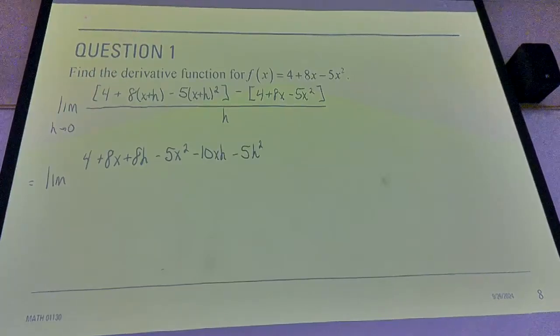And then just distribute that -5 through. Distribute the negative through that second function.